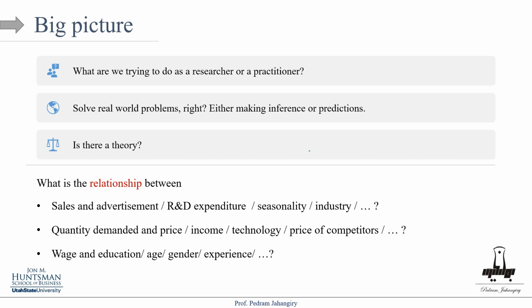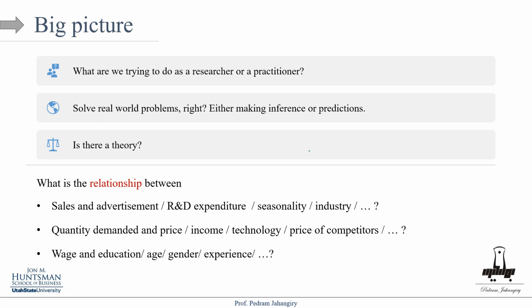Maybe for the quantity demanded one, you have a beautiful, perfect underlying theory. But for the rest of the questions, there's not necessarily a theory. So we have to start from the data. Whatever the question is, we have to start from the data and see, depending on the type of the data set, whether we will end up working with either a machine learning model or an econometric model.